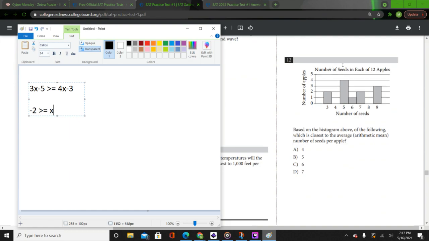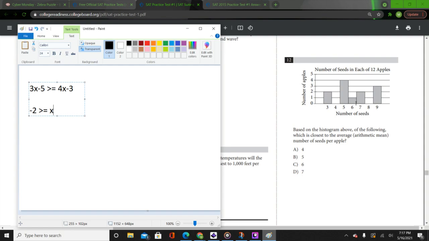Number of seeds in each of the 12 apples. Based on the histogram above, which of the following is closest to the average arithmetic mean of number of seeds per apple? This is actually a bit confusing, the way it's worded.